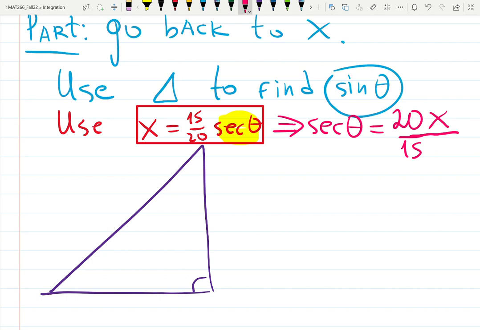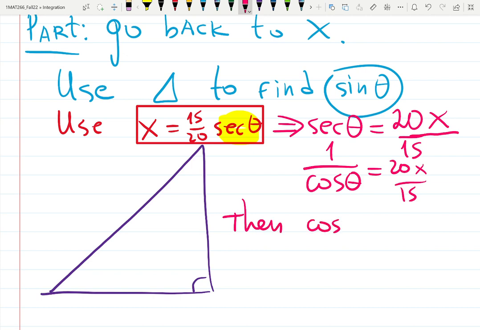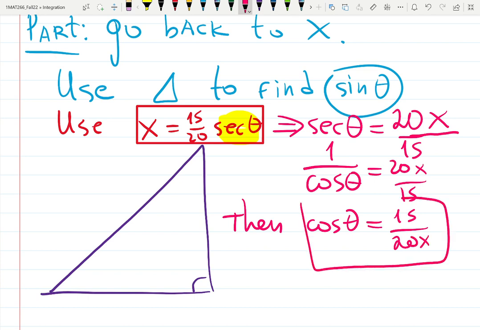Secant is sine or cosine? 1 over cosine theta is 20x over 15. Then, and that's the most important part, cosine is found as 15 over 20x. If we know this relationship, we can build the right triangle.